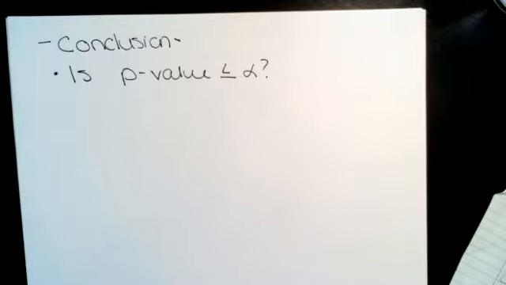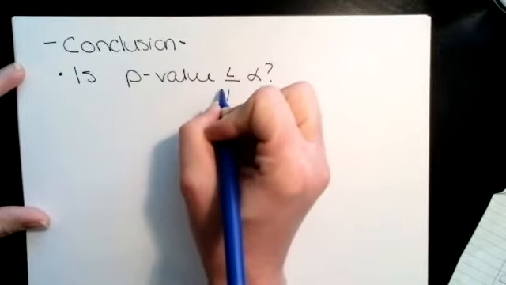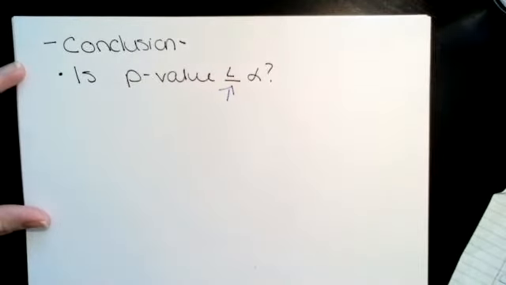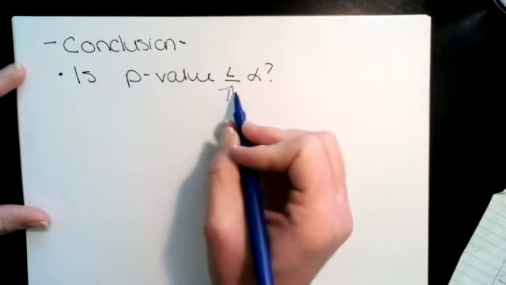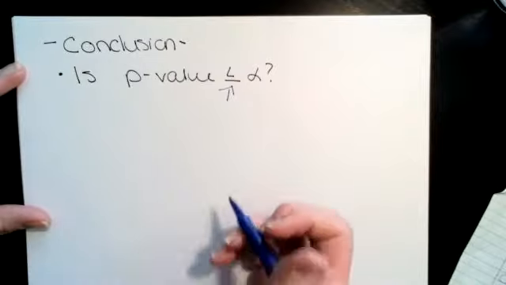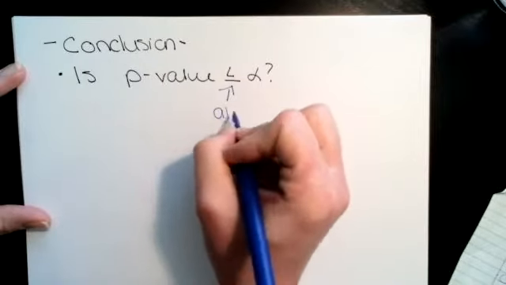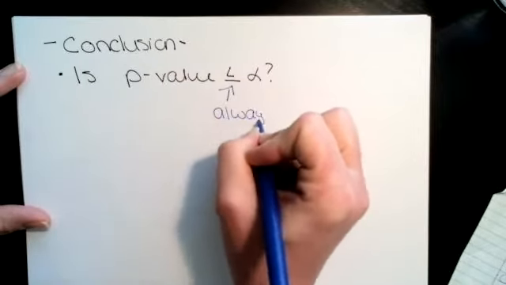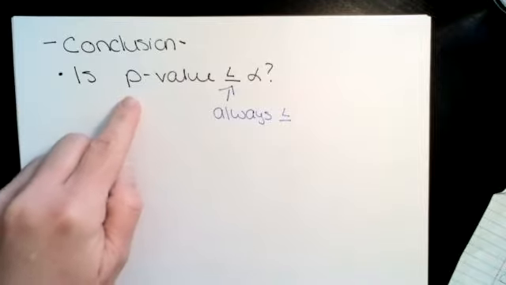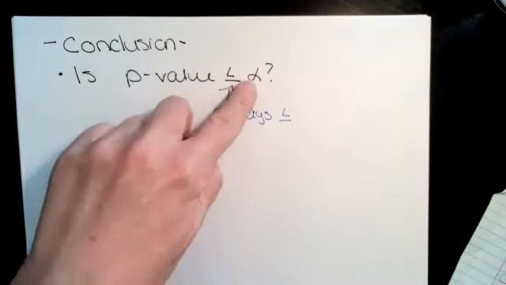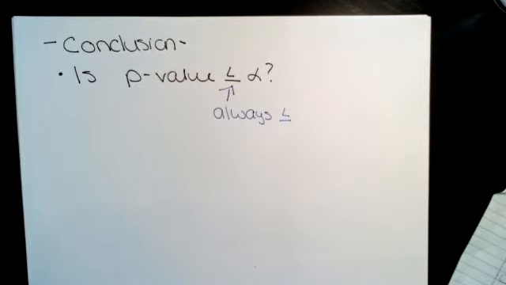I want you to remember that this right here, my less than or equal to, is always less than or equal to. This inequality does not change at all, okay? So you're always comparing your p-value in the way we want to know, is it smaller than your level of significance?